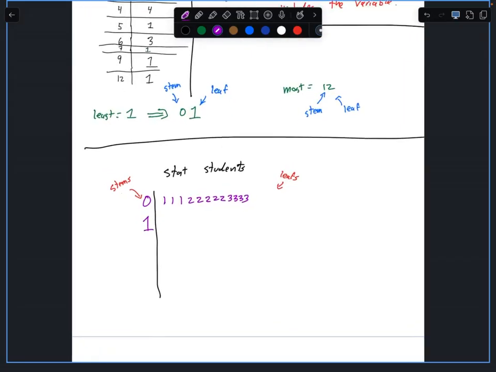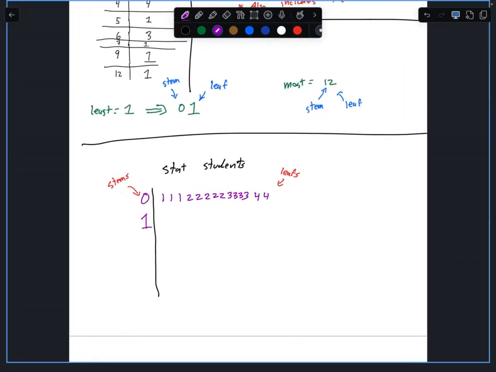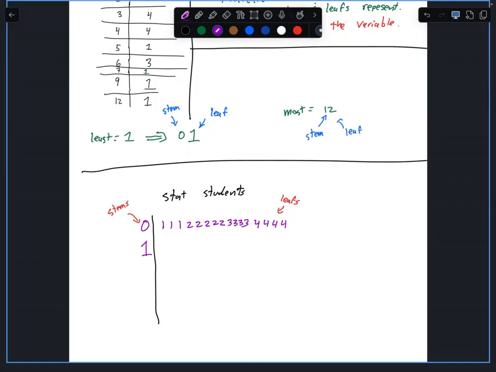All right, what number comes next? 4. How many times? 1, 2, 3, 4. Which number's next? 5. How many 5s? 1 student had 5 siblings. Next one. How many students had 6? Oh, sorry. 6, 6, 6. Next number? 7.